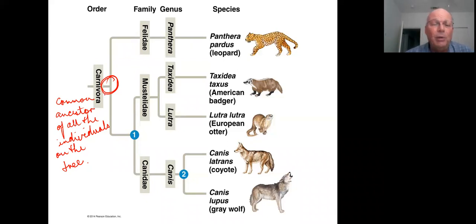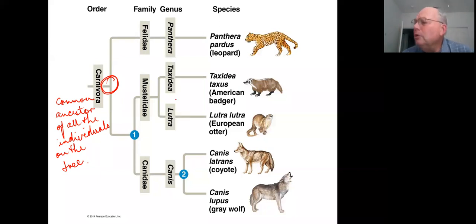We say that the common ancestor is basal to all other members of this group represented by this tree diagram. So the common ancestor for all carnivores sits at this basal branch point, and all of the carnivores represented on this tree trace their origin evolutionarily back to that single common ancestor.